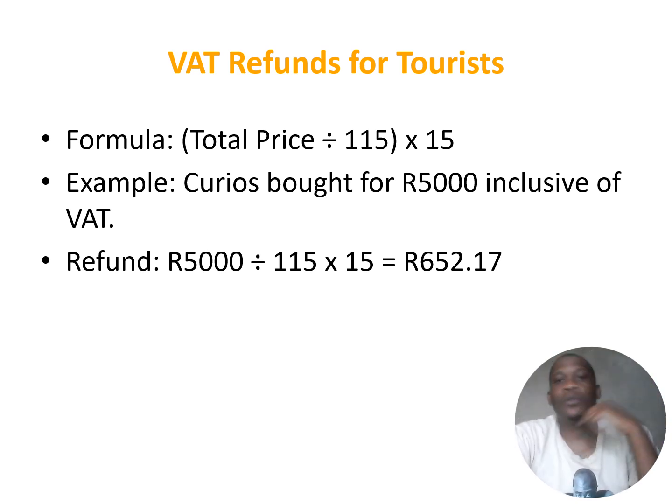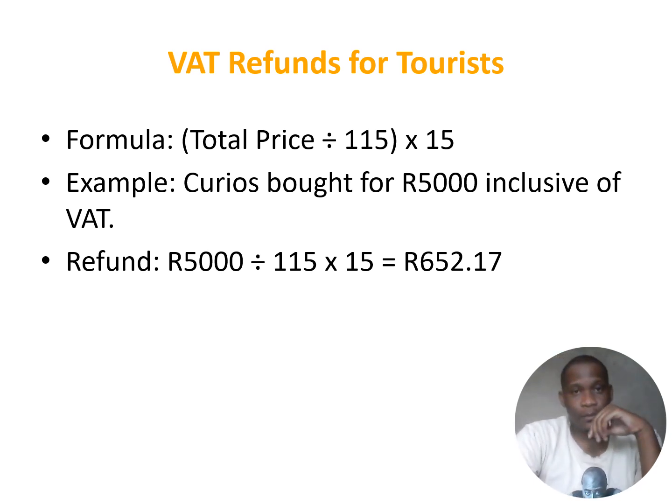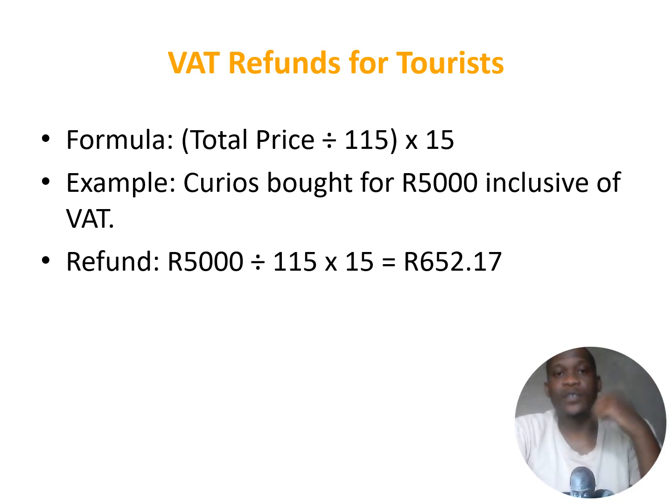Example: Curio bought something for 5,000, inclusive of VAT.